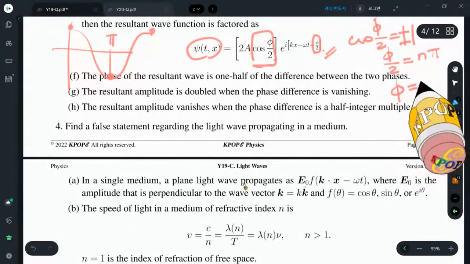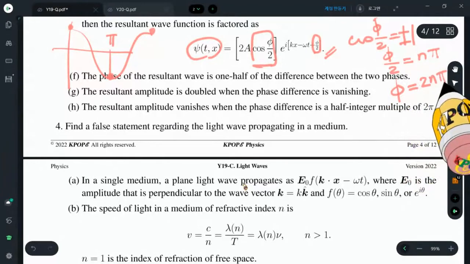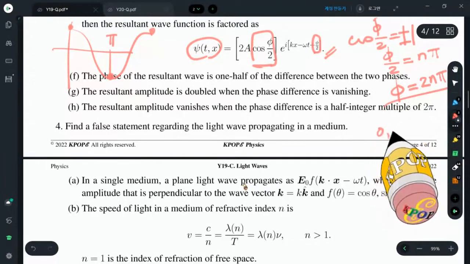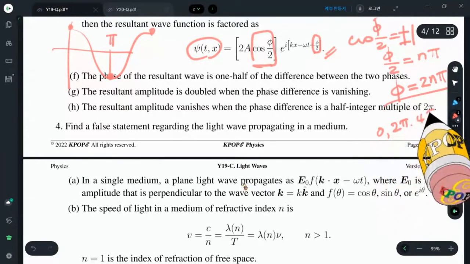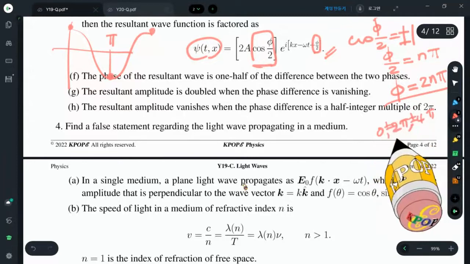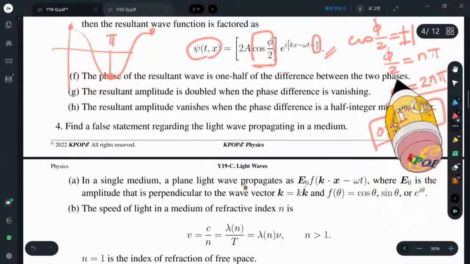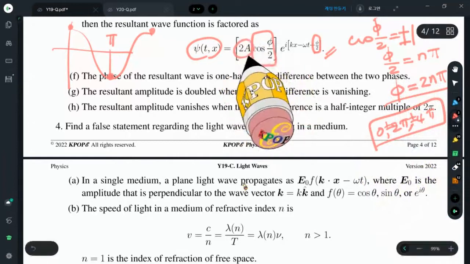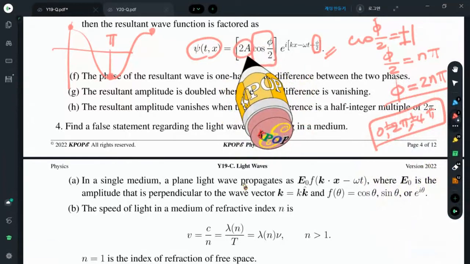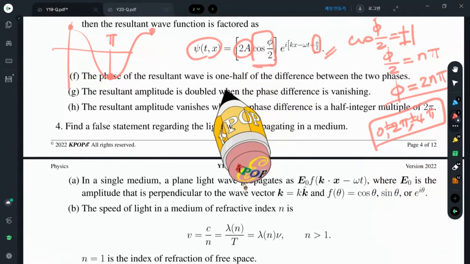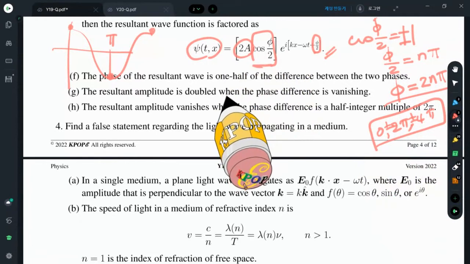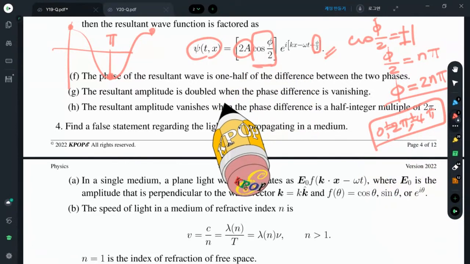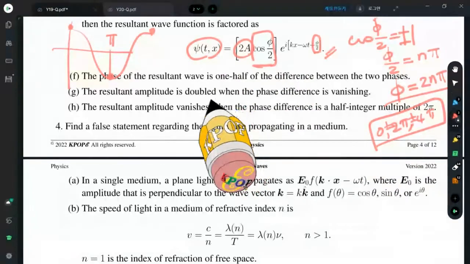Therefore, phase difference 2n pi, that is 0, 2 pi, 4 pi, plus or minus. In that case, they make double amplitude, which is called completely constructive interference.